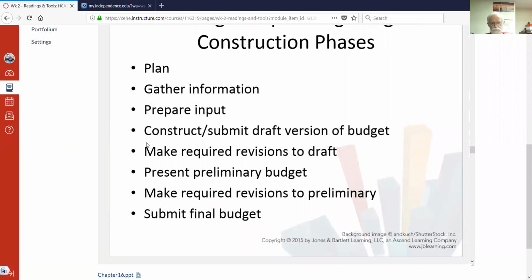Often, as I said, construction of a budget is usually dependent on the organization, but there are some steps that are universal. First off, we have to plan it.